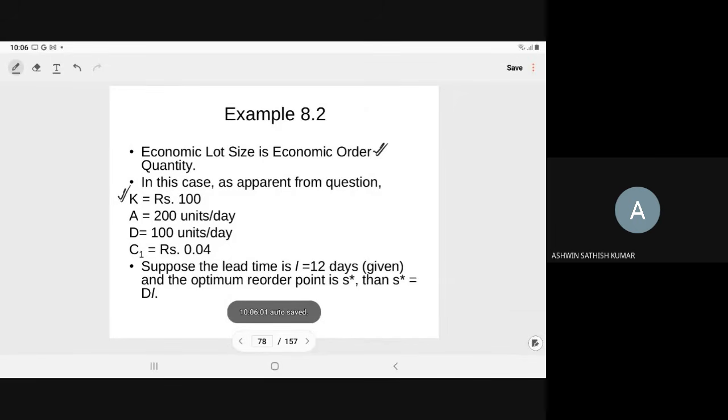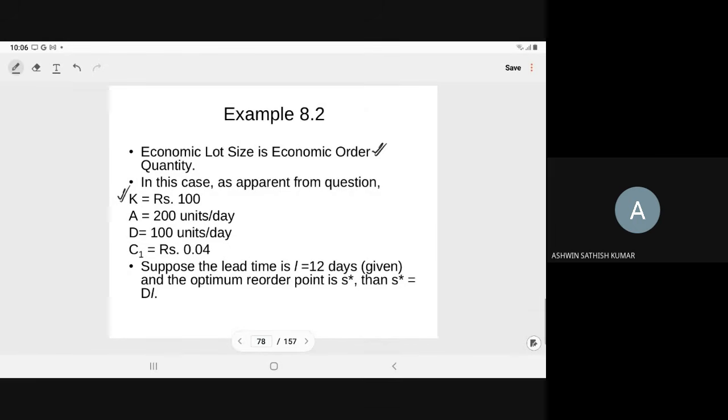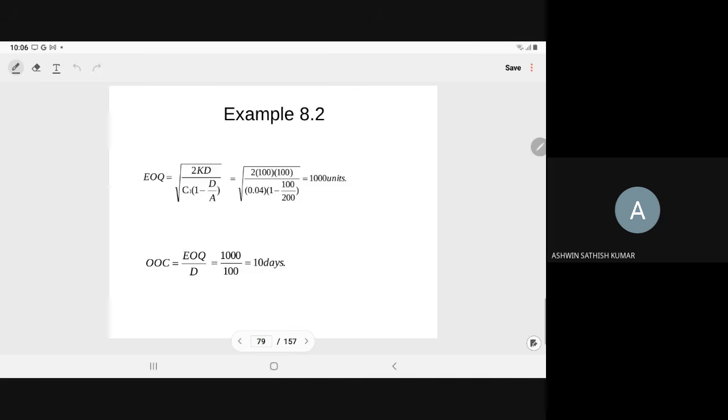Suppose the lead time is 12 days. From here when we compute the EOQ, first of all it is of model 1. For model 1, EOQ is the root of 2KD upon C1 into 1 minus D upon A.